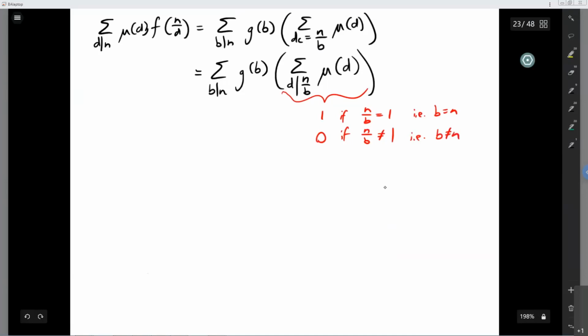So what this tells us is this big term in the parentheses is 0 for most of the values of b. Everything except the one special value, b equals n. So this is a bunch of zeros plus g of n times 1, which is exactly g of n, which is what we were looking for.